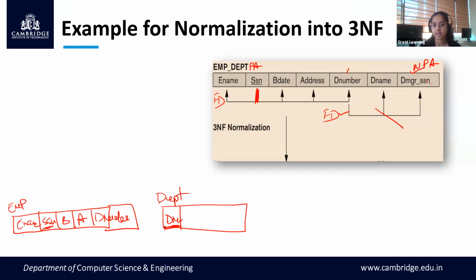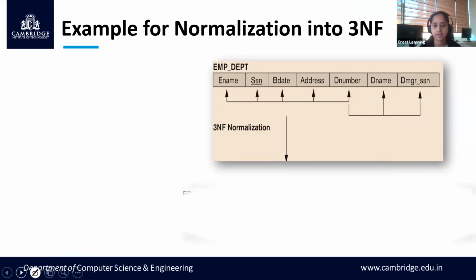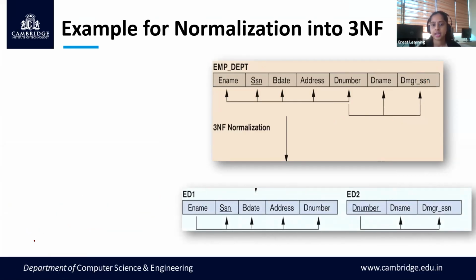D number is the primary key, with D name and D MGR SSN. So my two tables will be like this. Check it here: I have ED1 and ED2. These are my two different tables now, employee department 1 and employee department 2.